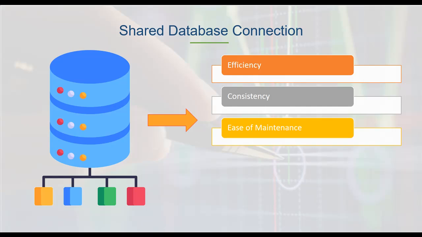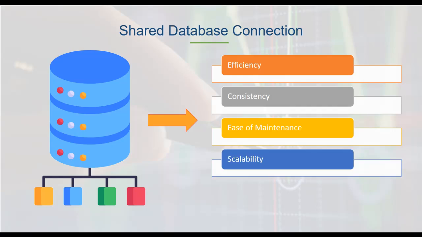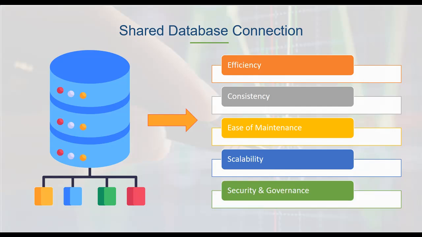Ease of maintenance: shared database connections simplify the maintenance process in Process Studio. Scalability: shared database connections facilitate scalability in Process Studio. Security and governance: by using shared database connections, we can centralize the management of database credentials and security settings.